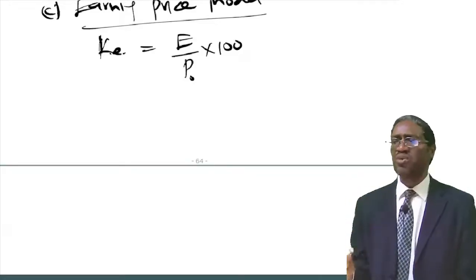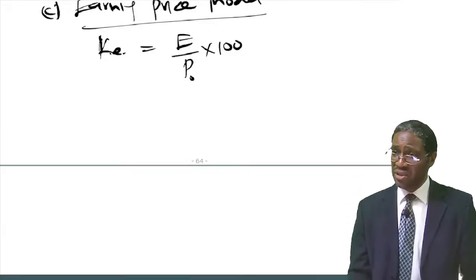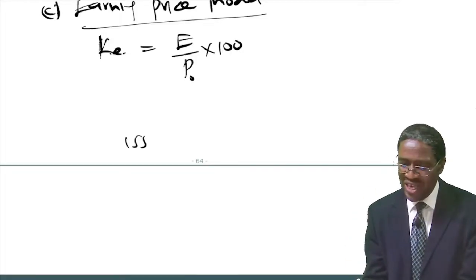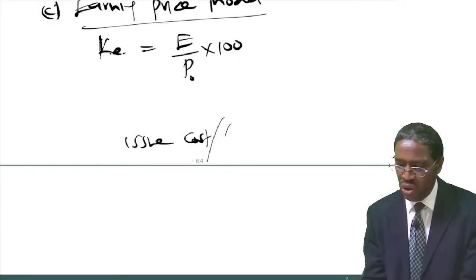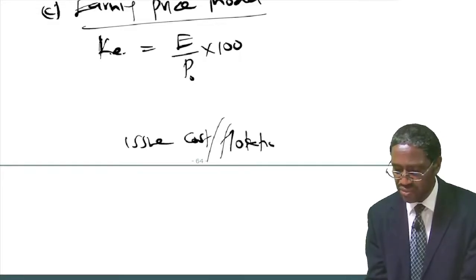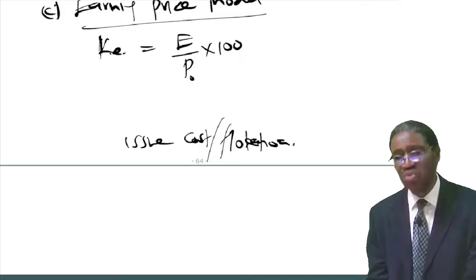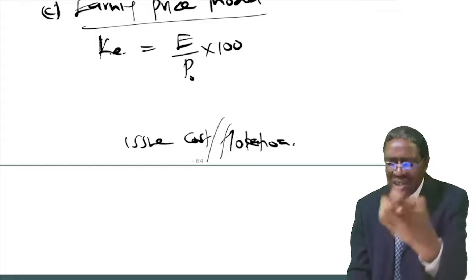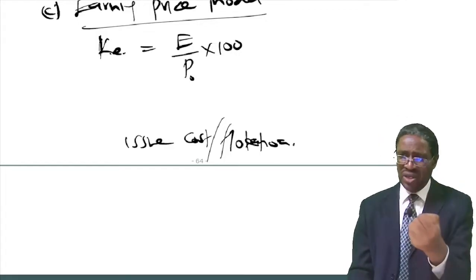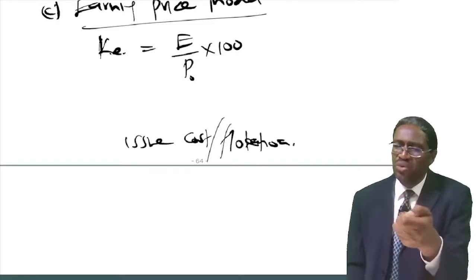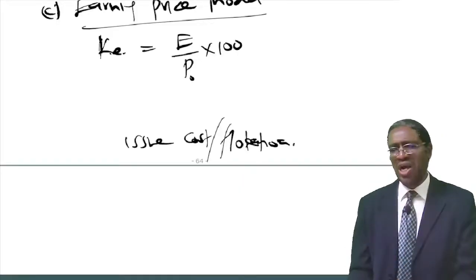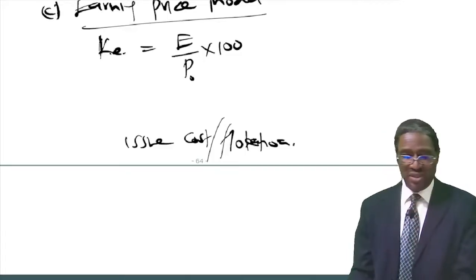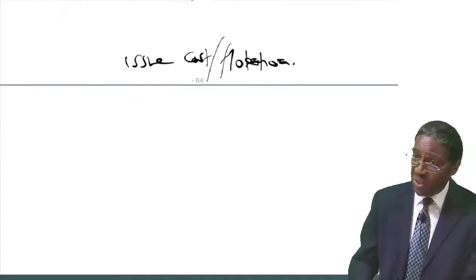You may incur what we call the issue cost, or some books will call it flotation cost. Yes, you issued one share at 5 shillings or 10 shillings or 20. But to get that 20 shillings from the investor, it costs you another 1 shilling or 2, what we call flotation cost.